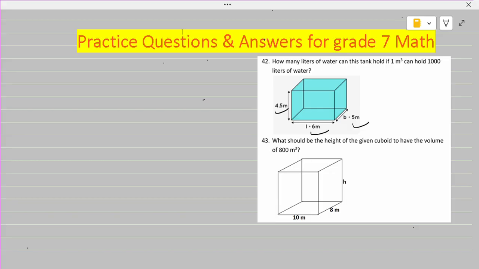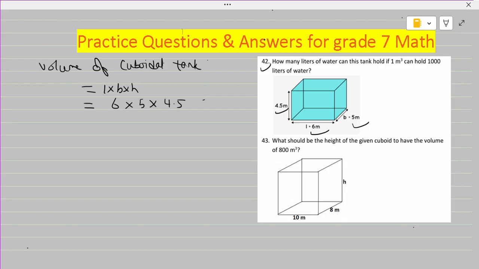For number 42, we find the volume of the tank first. Volume of cuboidal tank is equal to the product of length, breadth and height. Length is 6 meter, breadth is 5 meter, and height is 4.5 meter.